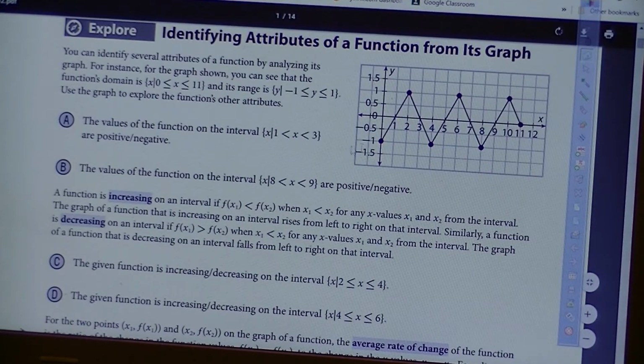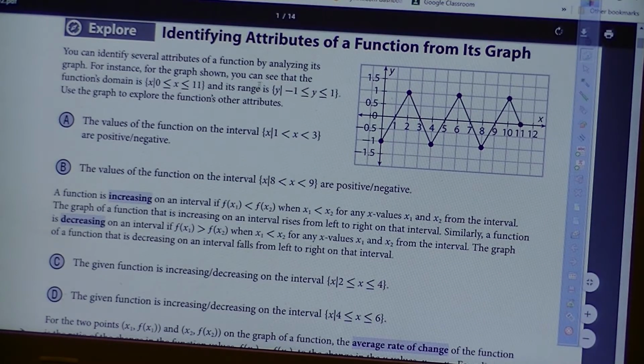We have a generic picture of a function, not really going with an equation, so we can talk about some things. The domain goes from 0 to 11: here's the far left, 0, and it goes all the way to the right, 11. That's a good reminder of what that's all about.